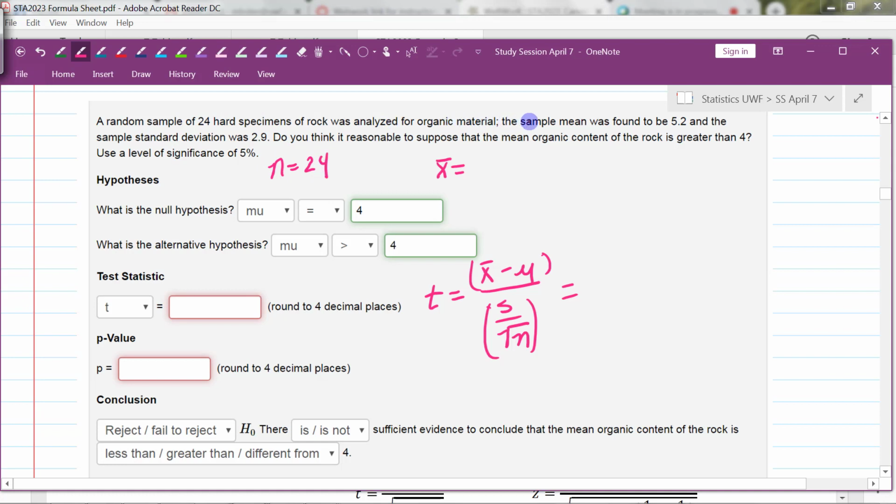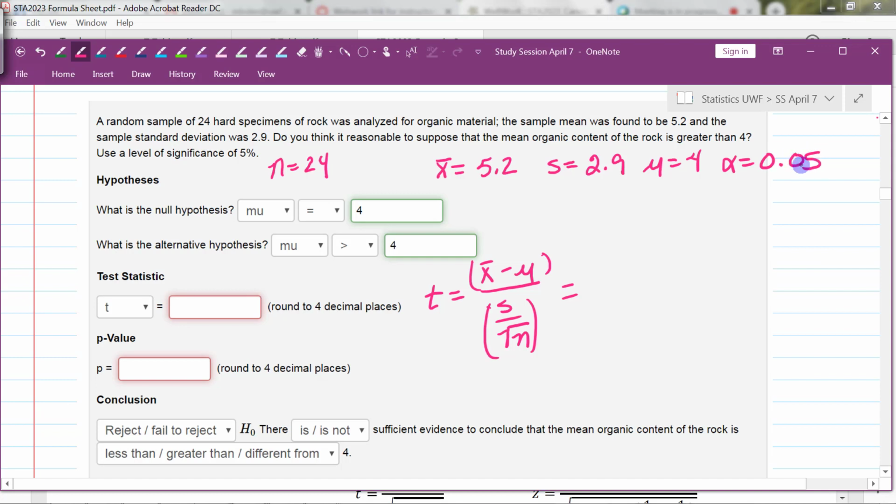The sample mean was 5.2. The sample standard deviation is 2.9, so S is 2.9. And then we're going to say mu is 4, and alpha is 0.05.